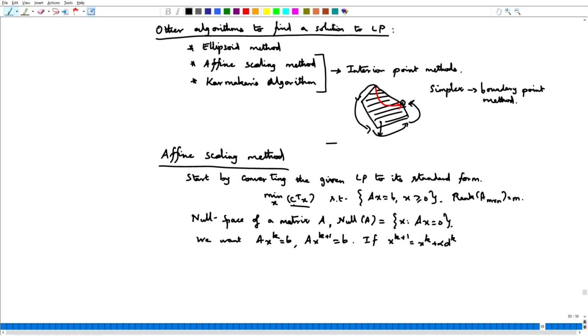So, you start with alpha k dk, maybe if you want, but anyway it is a scalar. So, what that means is that xk plus 1 minus xk is alpha k dk.